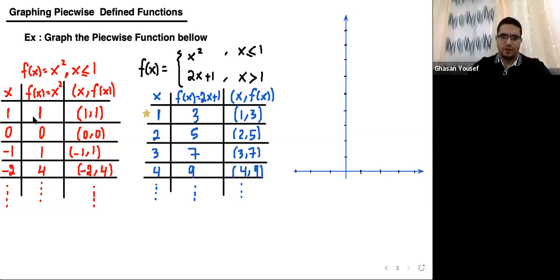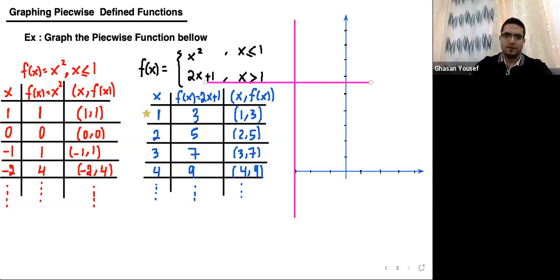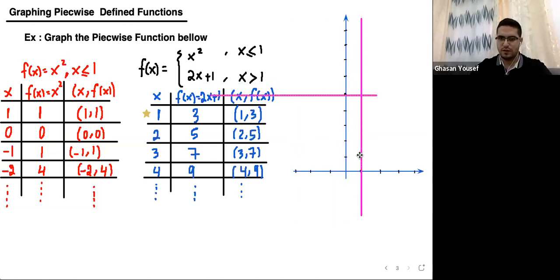I'm going to start with the red one. At 1 is 1, so here is the 1, and here is the 1 on the y-axis. So the point should be around here.